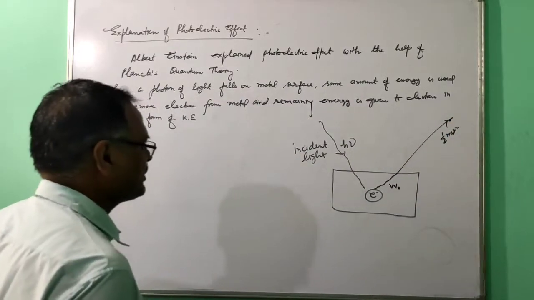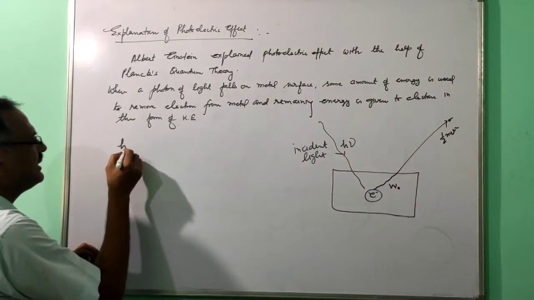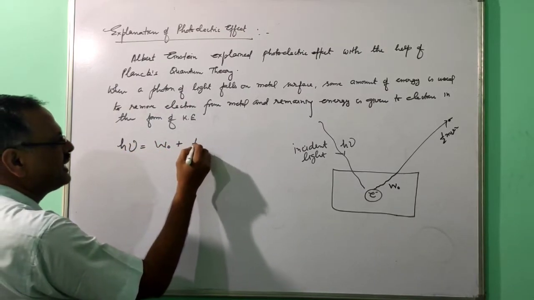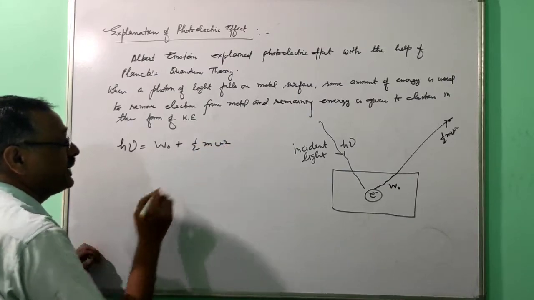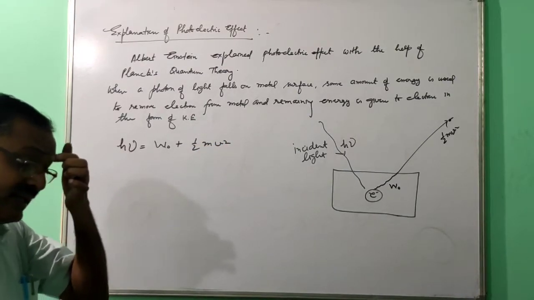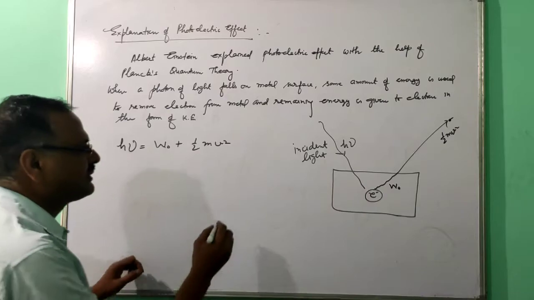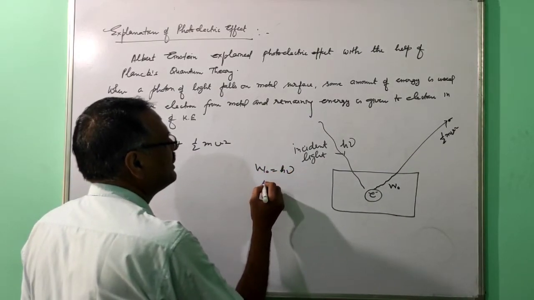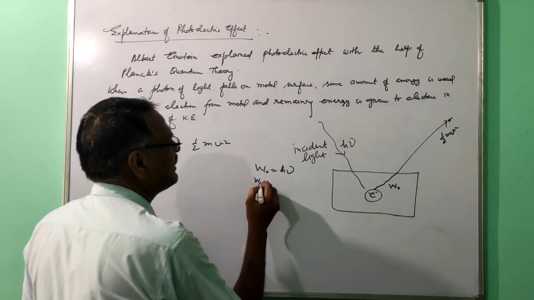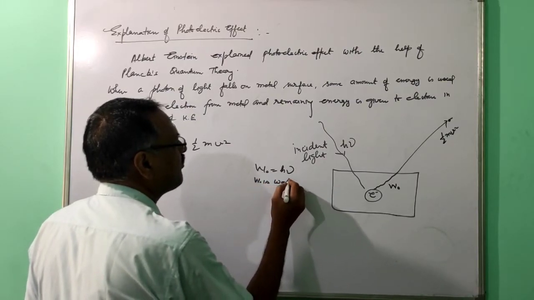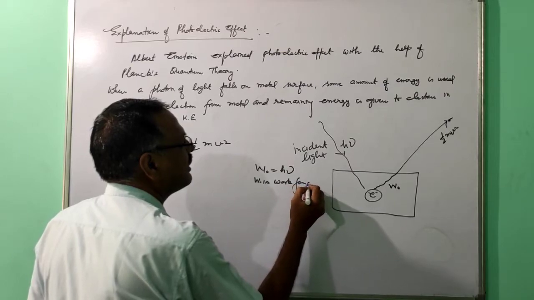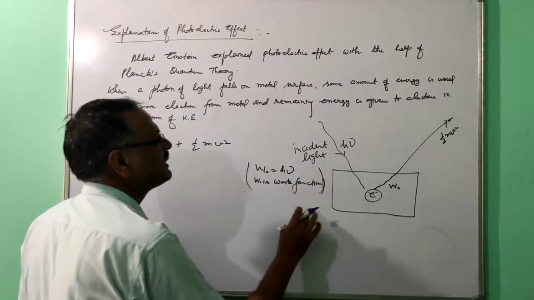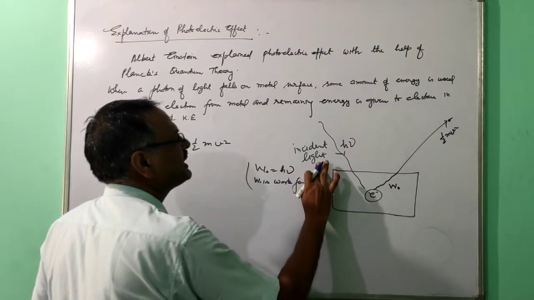So just to see what equation you will get: h nu is equal to W naught plus half m v square. W naught is the work function, which is equal to h nu naught. What is work function?